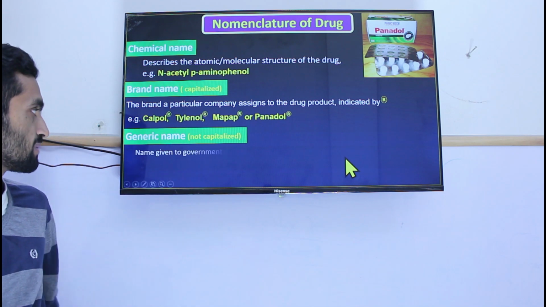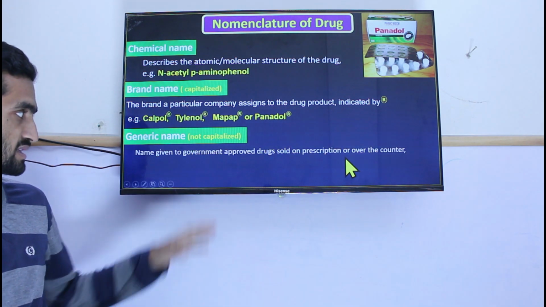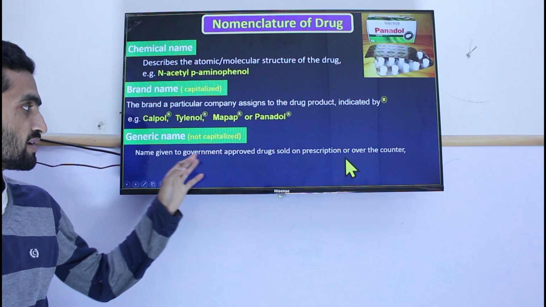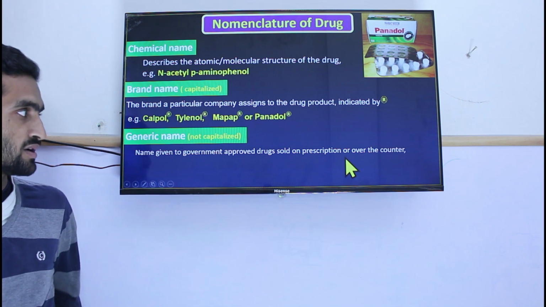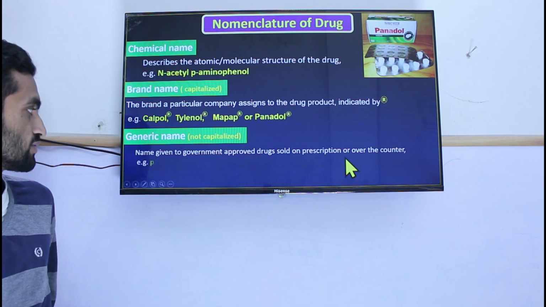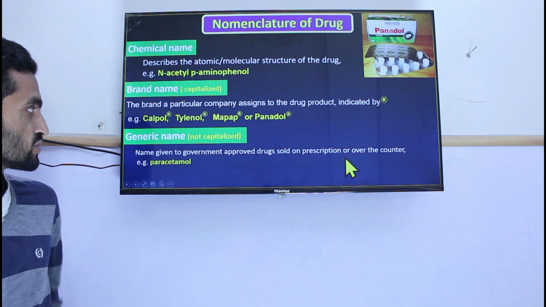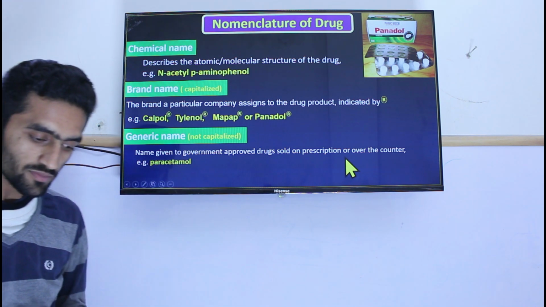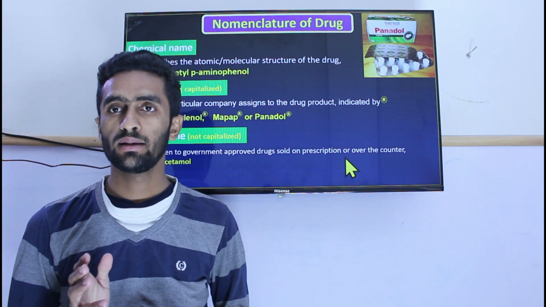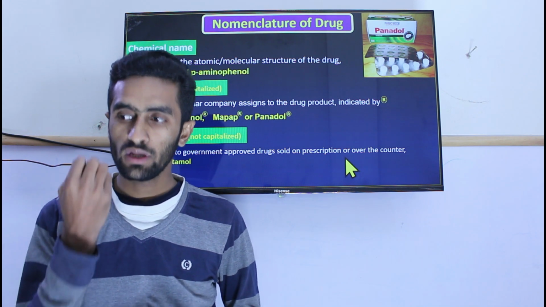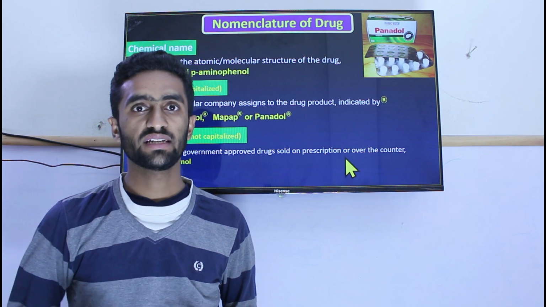The generic name is the name given to government approved drugs sold on prescription or over the counter. So this is paracetamol, and it is always non-capital. Don't go for the brand name; we have to have a good idea of the generic name.